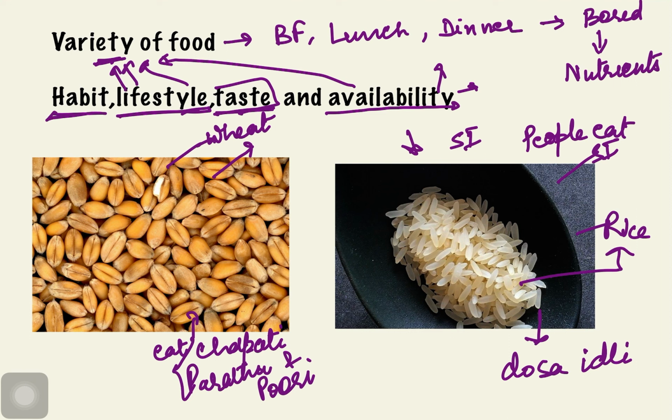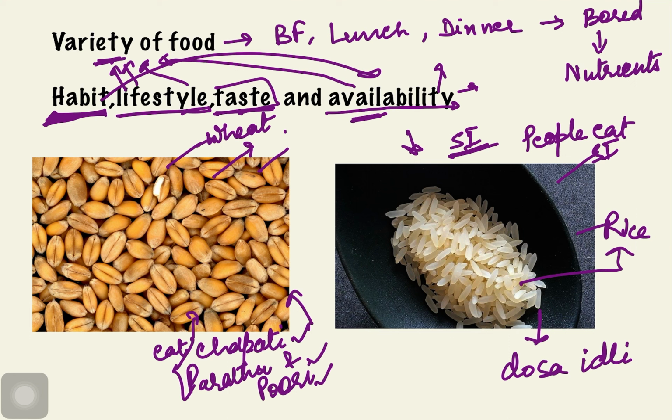Next thing is habit. So habit is also dependent on the availability of the food. The food which is available in that area becomes the habit of the people of that area. Like in North India wheat is more, so North Indian people have a habit of eating chapati, paratha and puri, which all are made from wheat. Instead of that, South Indian people eat rice items more because rice is easily available there.